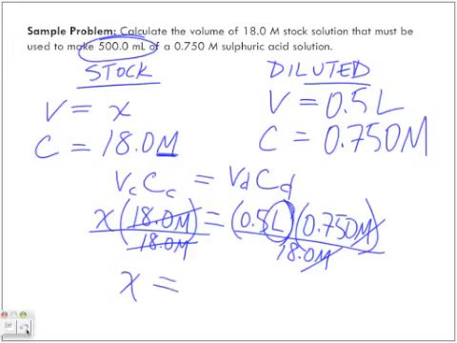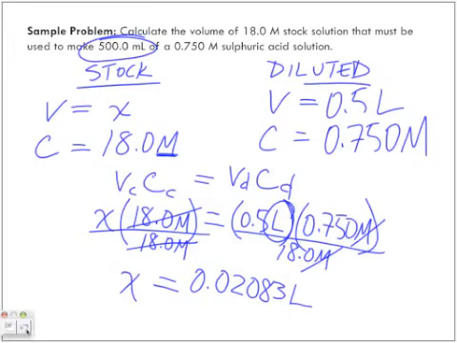So what is the volume that we have of our stock solution? 0.02083, and it's in liters. What are the least number of significant digits in my question? 3.